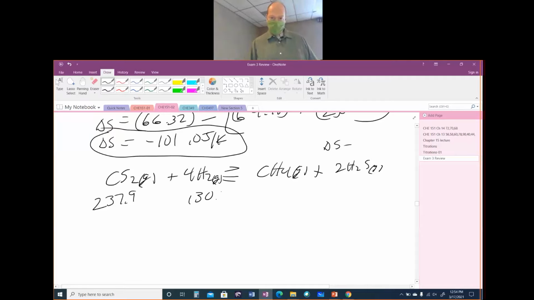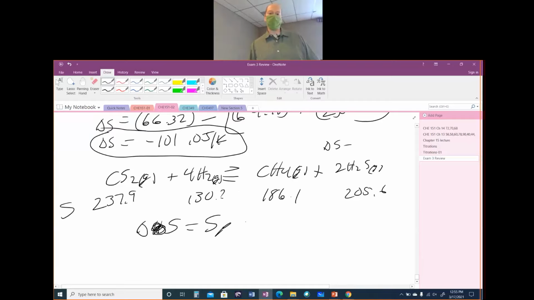And CH4, 186.1, and 205.6. You might want to check those numbers on the chart. That's just your S values off the chart. When you take your S products minus S reactants, you get negative 163 joules per Kelvin.